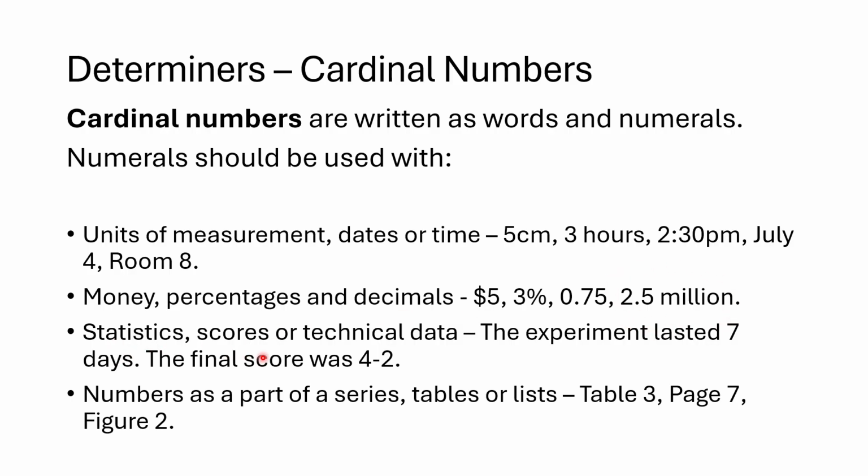Statistics, scores or technical data: the experiment lasted 7 days. The final score was 4-2. Numbers as part of a series, tables or lists: Table 3, page 7, figure 2.